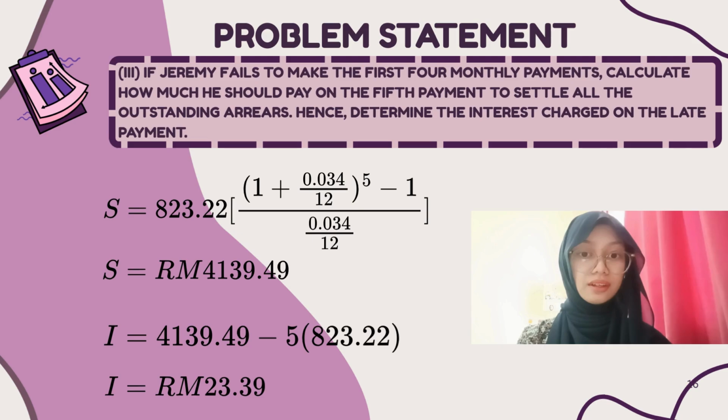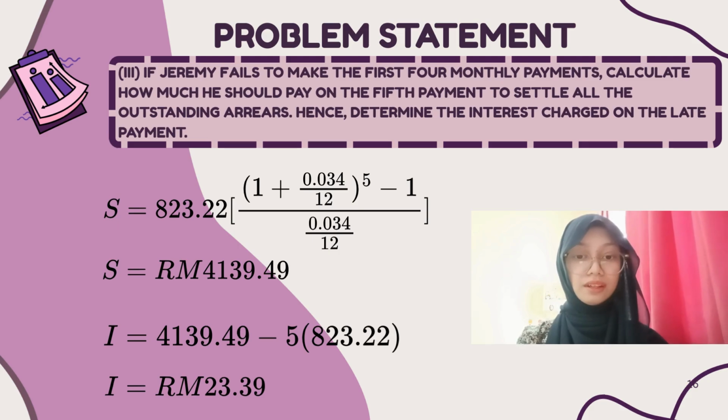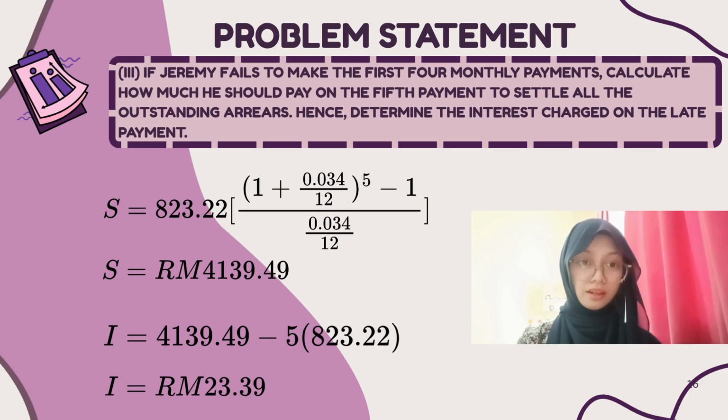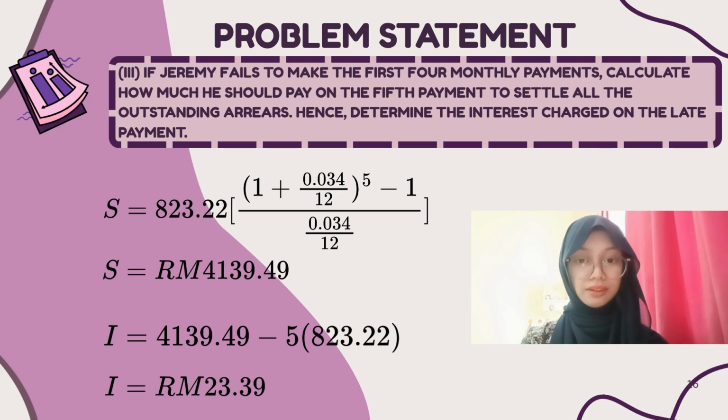So the amount that he should pay is 4,139 ringgit and 49 cents. After that, we have to find the interest charged for the late payment. To find the interest, we need to minus the accumulated amount with the total of the term multiplied by the periodic payment. Hence, your answer should be 23 ringgit and 39 cents.